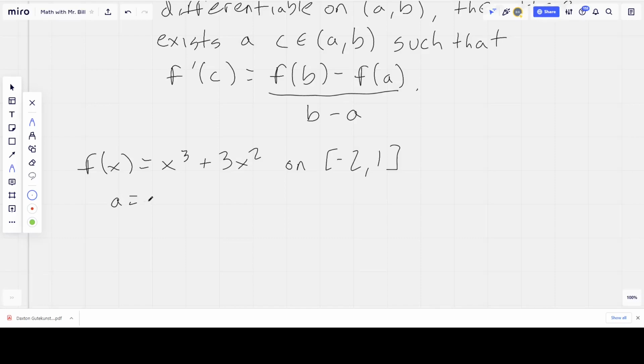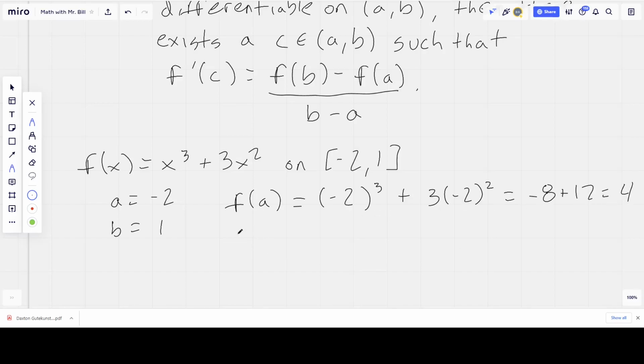So a is equal to -2, b is equal to 1. f of a is equal to -2 cubed plus 3 times -2 squared, which is -8 plus 12, which is 4. And f of b, which is 1 cubed plus 3 times 1 squared, ends up being 4 as well.